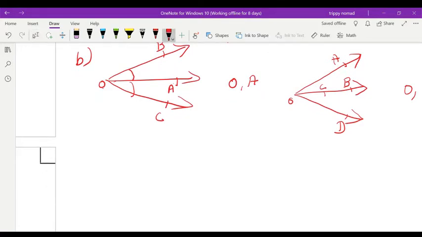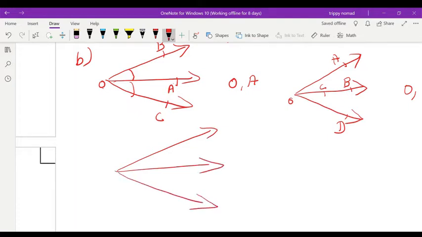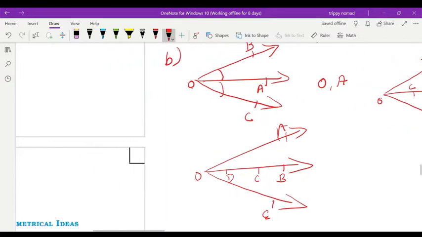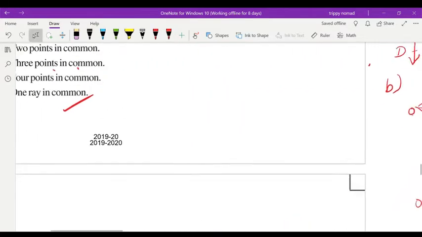Okay, if you draw like that, A, B, C, D, and E. This will be 4 points common here, and one ray common.